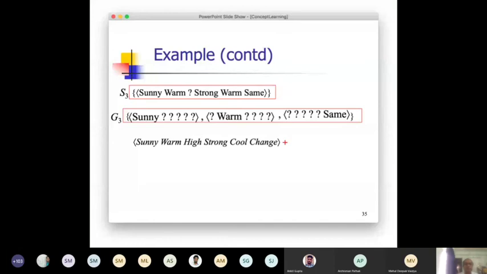It is not satisfied because warm becomes cool and warm. There it will be a problem. So you have to make it a question mark there. I mean, you have to then make it more general, and then same and change also will have a problem.